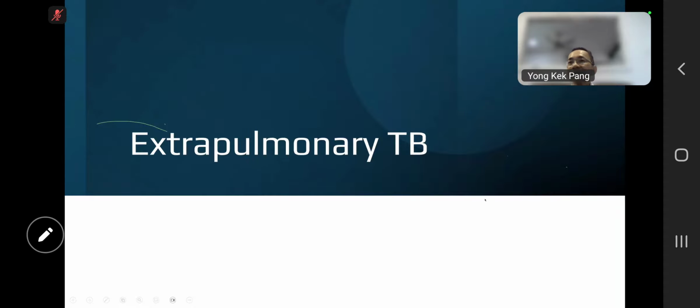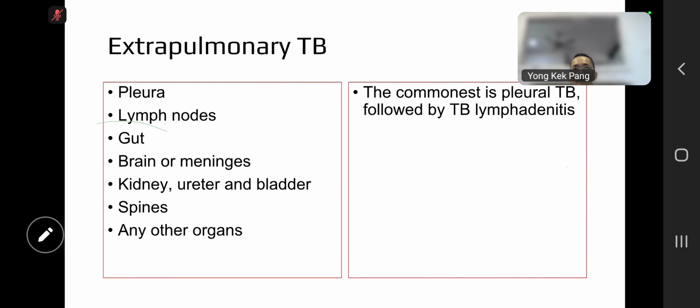Okay, next and the last section of this lecture is on extrapulmonary TB. Extrapulmonary TB will include what we have discussed just now, the puerperal TB, but also other common organs or structures affected.